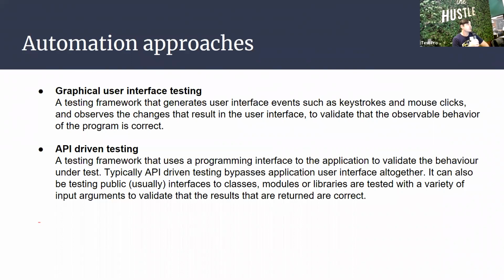It really does interact with the graphical user interface, like the actual pages, the actual windows of the application. It can click by a mouse or send some keystrokes, pretty much simulating the end user, the real user.